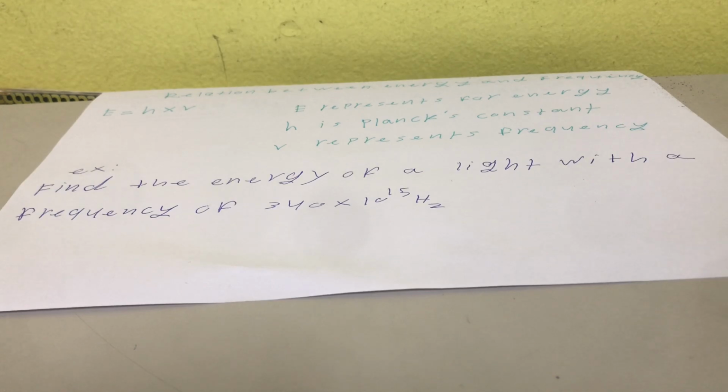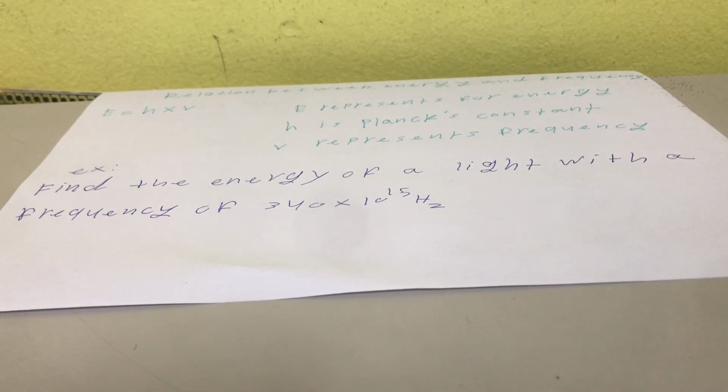Relation between energy and frequency. The formula is E equals H times V, where E represents energy, H is Planck's constant. Now we're going to talk about it. V represents the frequency. Now what is Planck's constant?